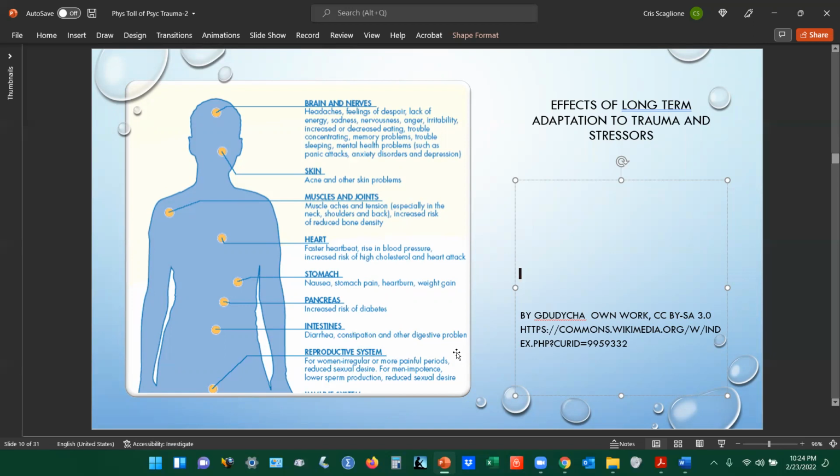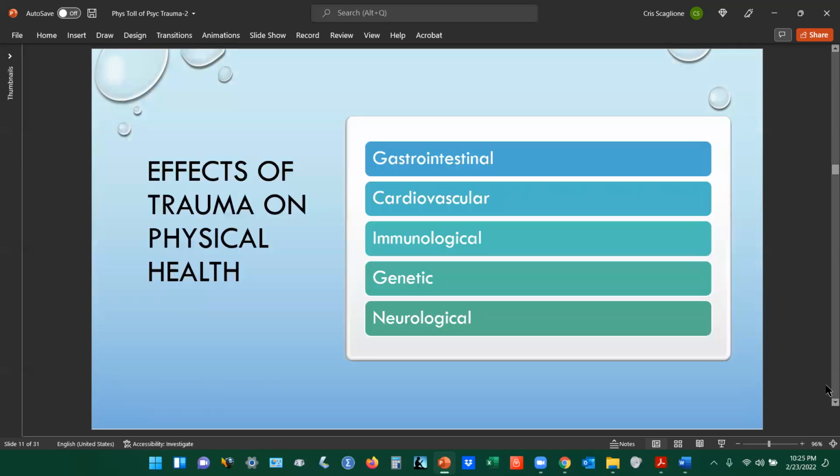And as I'll discuss later, it also affects some of the genes that we then pass on through our reproductive tract. So I'm going to talk about these physiological effects in some detail, particularly focusing, of course, on the neurological, because that's the most important bit in terms of our behavior changes. Although oddly enough, our gastrointestinal system is also very important for our behavioral system. But we'll talk about all of these things in upcoming slides.